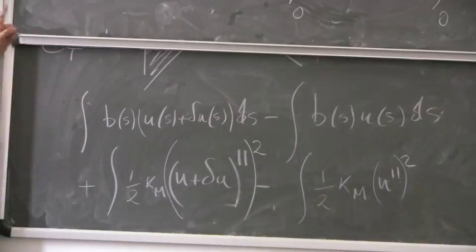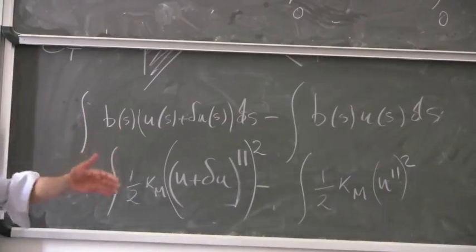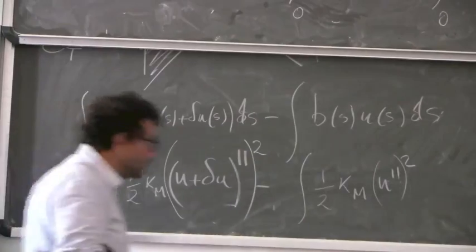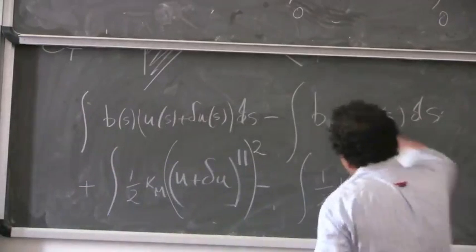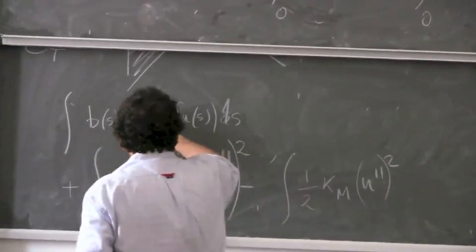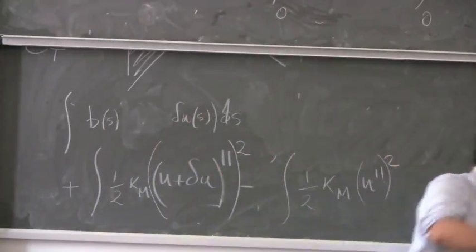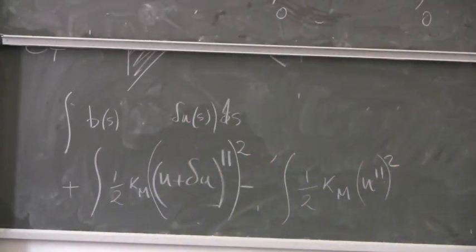This is E_T(u plus delta u) minus E_T(u). The integral of the sum is the sum of the integrals. So this goes away, and we are left only with this term. This is the simple story.